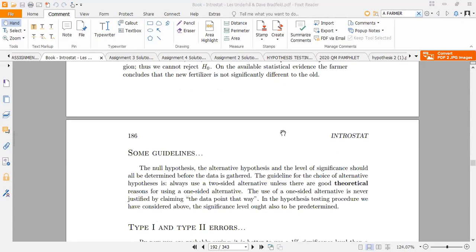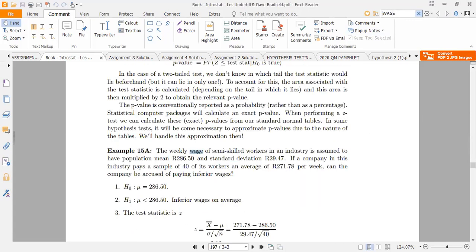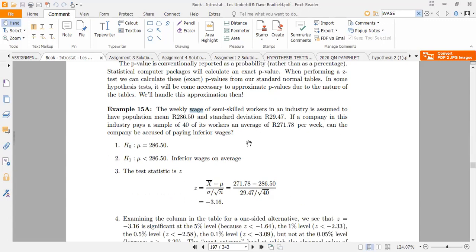So we now go to our single-tailed test, where we're going to look at a company that has semi-skilled workers in an industry, and their mean salary is 286 and standard deviation is 29. Now this company has 40 workers, and these workers want to go on strike.